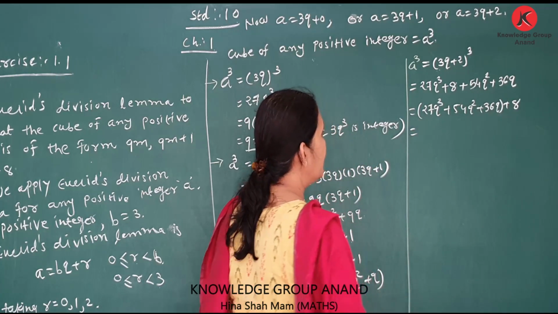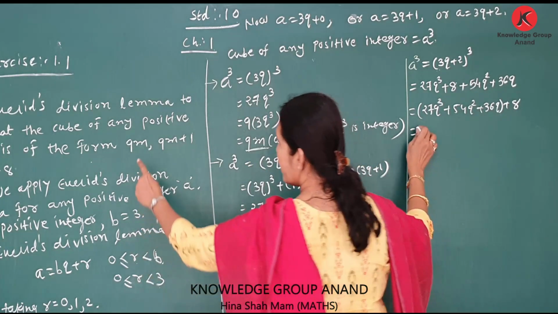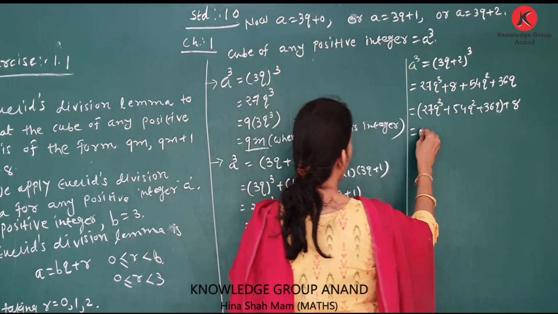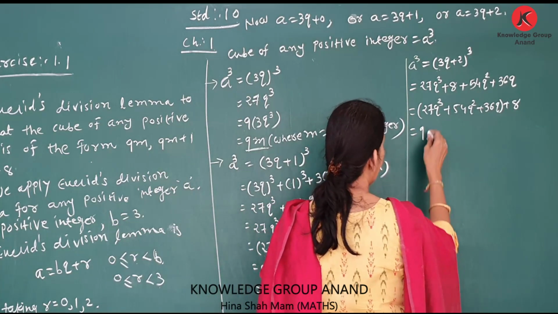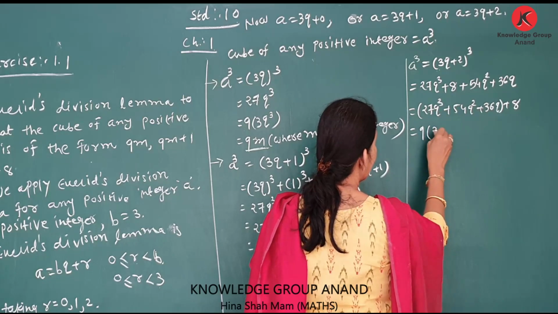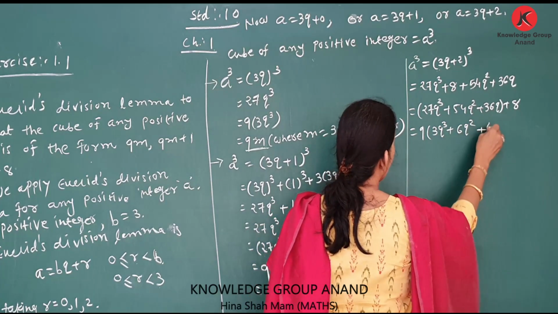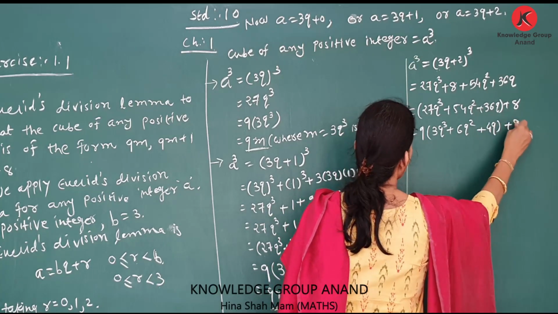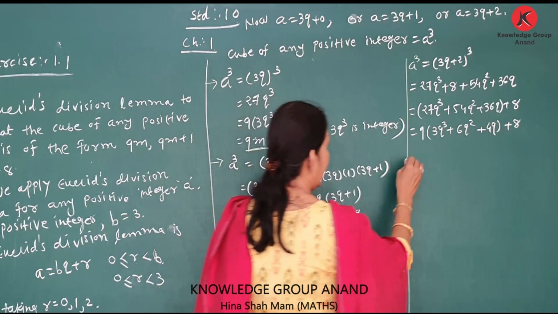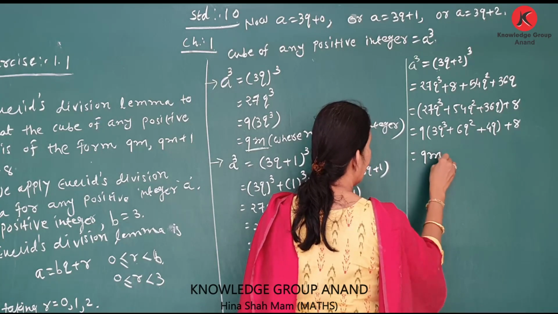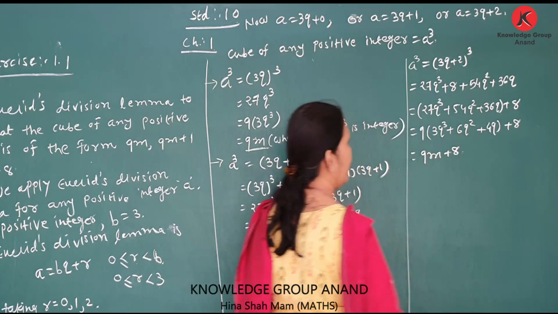The common factor is 9. We want only 9. Therefore, here we take 9 as the common factor. 9 times 3 q cube, 9 times 6 q square, 9 times 4 q, plus 8 is equal to 9m plus 8.